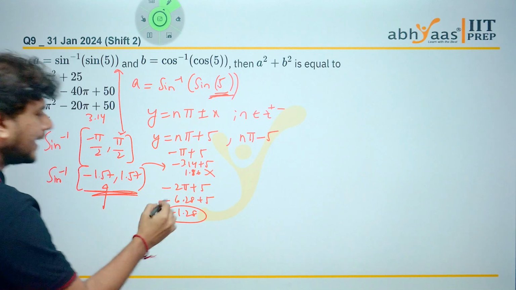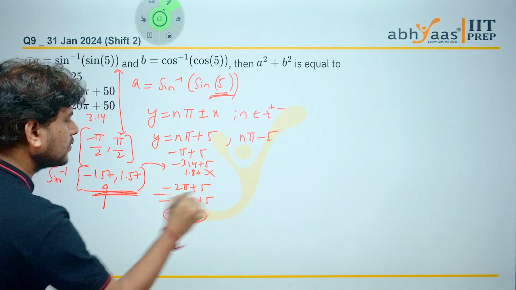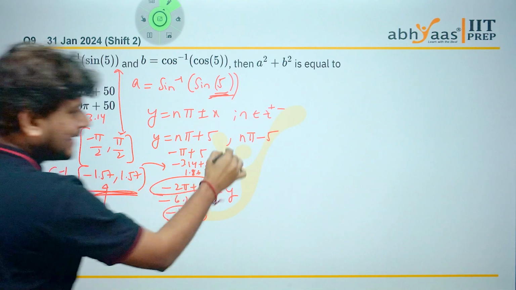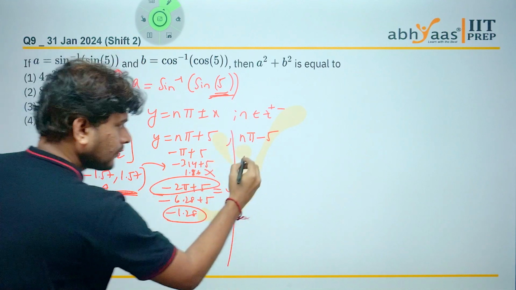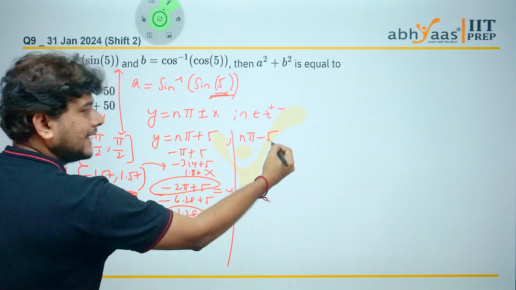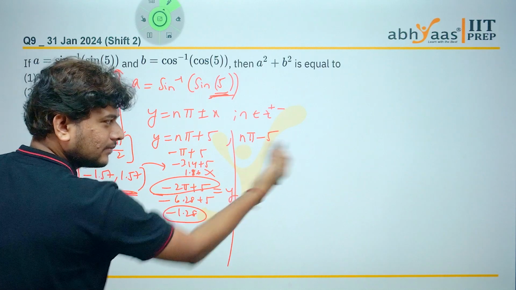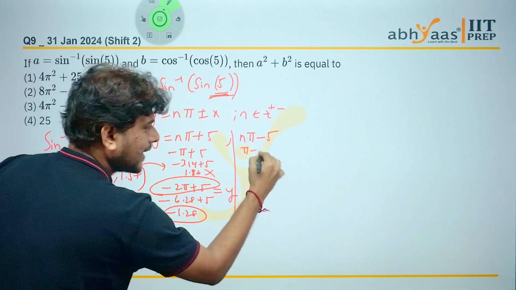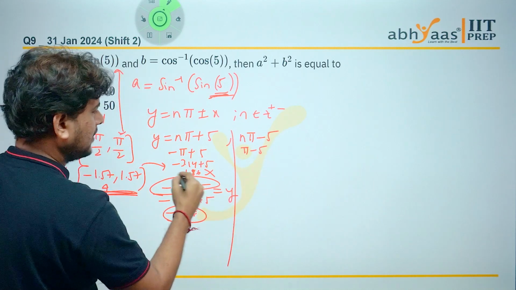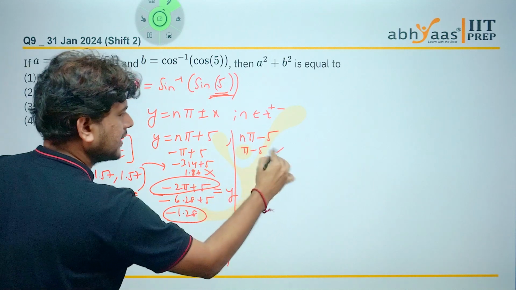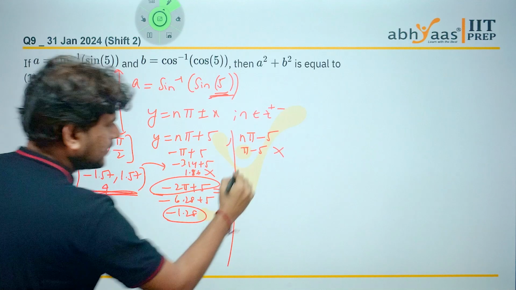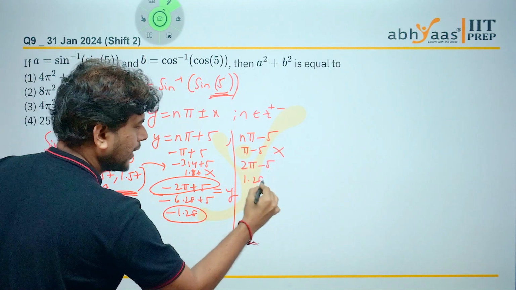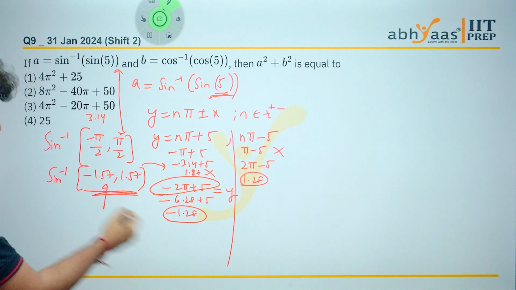Okay, so we can take y equals minus 2 pi plus 5. Let's check here also. Here we are subtracting, so let's take positive values. So pi minus 5 will be minus 1.86, so it is not possible. And 2 pi minus 5 will be plus 1.28. This comes under this.